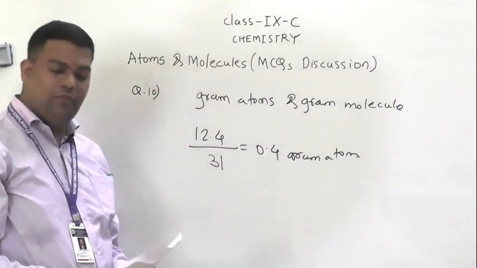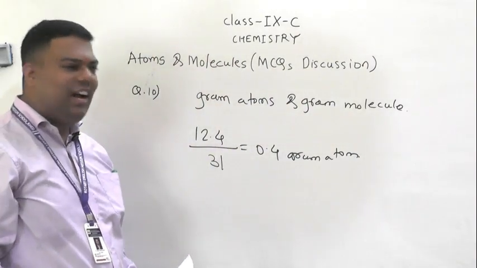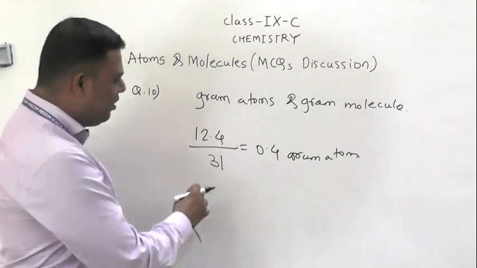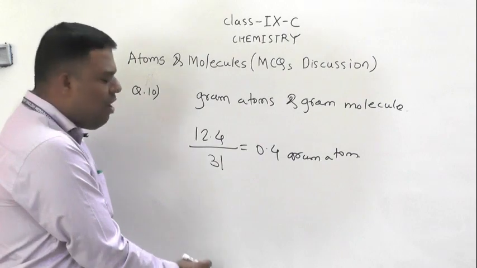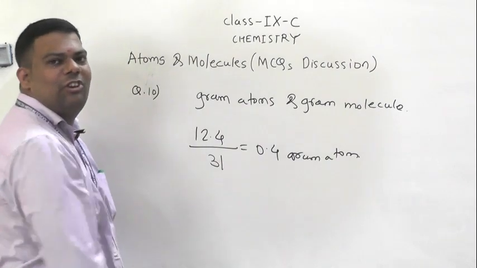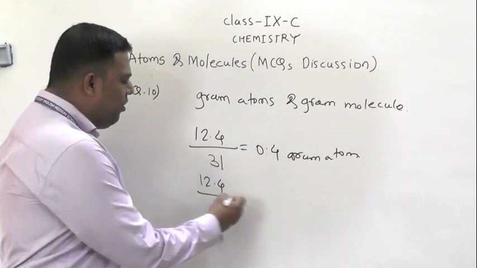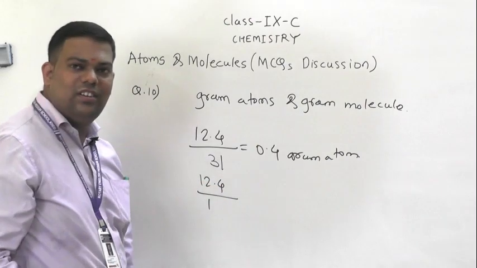Whenever you have to calculate gram molecules, 12.4 divided by P4.